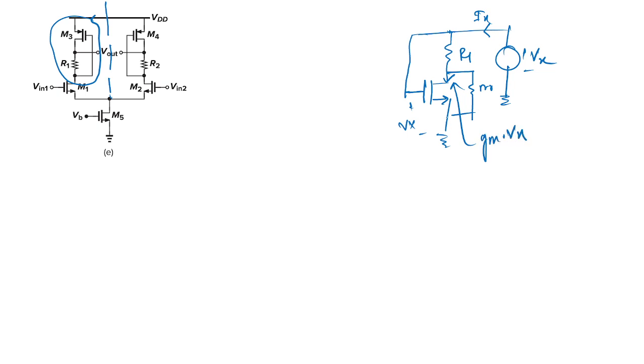So the total current flowing through R0 will be Ix minus Gm Vx. Now if we apply KVL in this loop, you can easily write Vx equal to Ix R1 plus R0 times Ix minus Gm Vx.